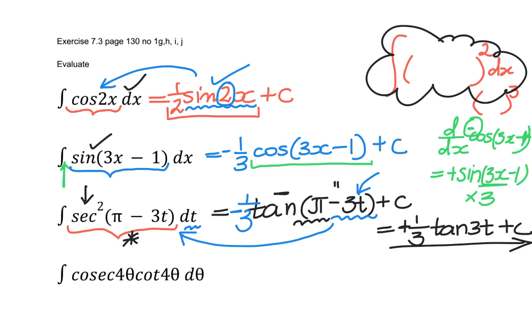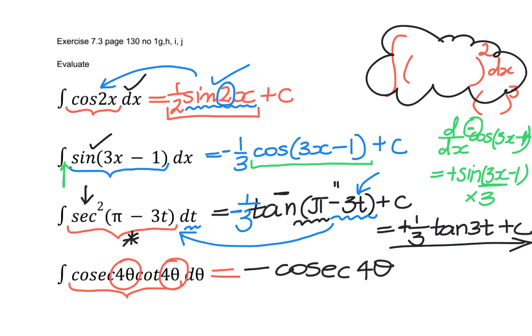Let's look at the last example. I have the antiderivative of cosec of 4 theta and cot of 4 theta. Multiplication cosec cot of exactly the same angle. Does this appear in your table of derivatives? The answer here is yes, it does. It will be equal to a minus cosec of that angle, right?